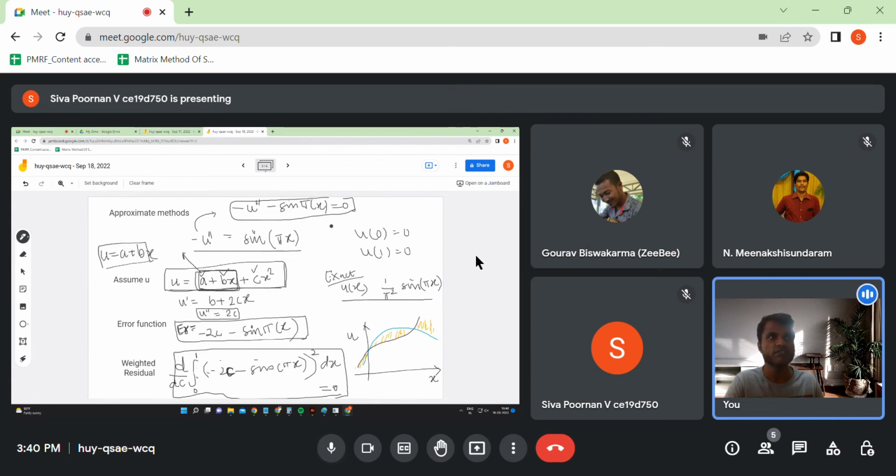the differential equation that we might have might have a higher order in it. So let's say you have a double differentiation happening here, then you cannot take u equal to a plus bx, because when you double differentiate it, you will end up with 0, because you are taking a linear polynomial, right?